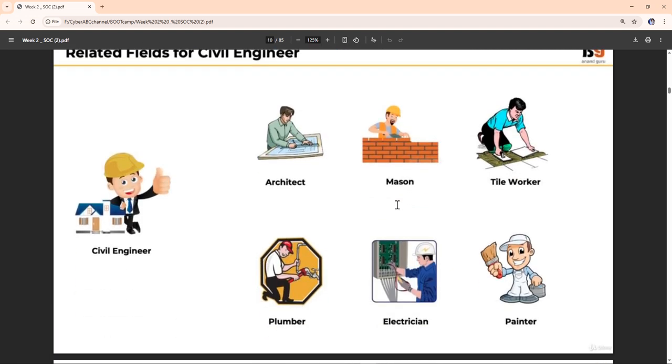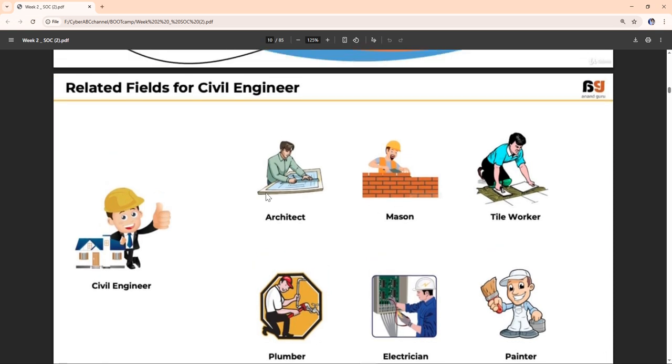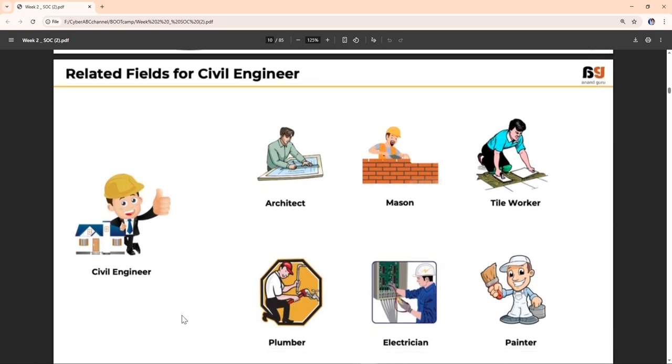There is a little illustration here. It says related fields for a civil engineer. The civil engineer might not necessarily be an architect or a mason, a tile worker, nor even a plumber, electrician, or painter. But definitely, one thing he should know is how to work with them.